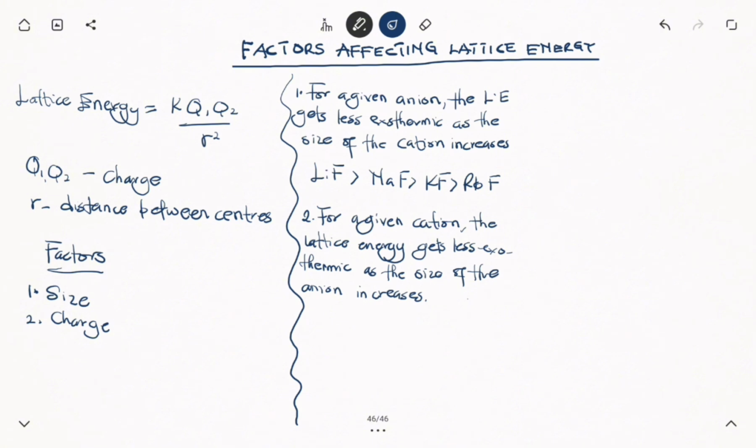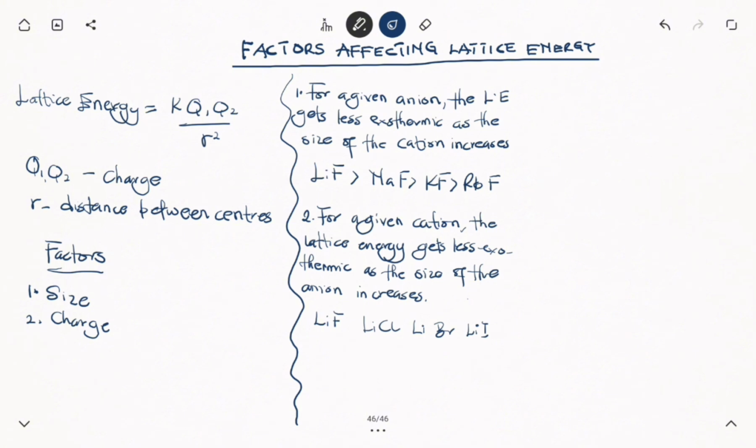All right, so that means that if you take, let's say, the halides of lithium, lithium fluoride, and then lithium chloride, lithium bromide and lithium iodide, what is going to be the variation in the lattice energy?